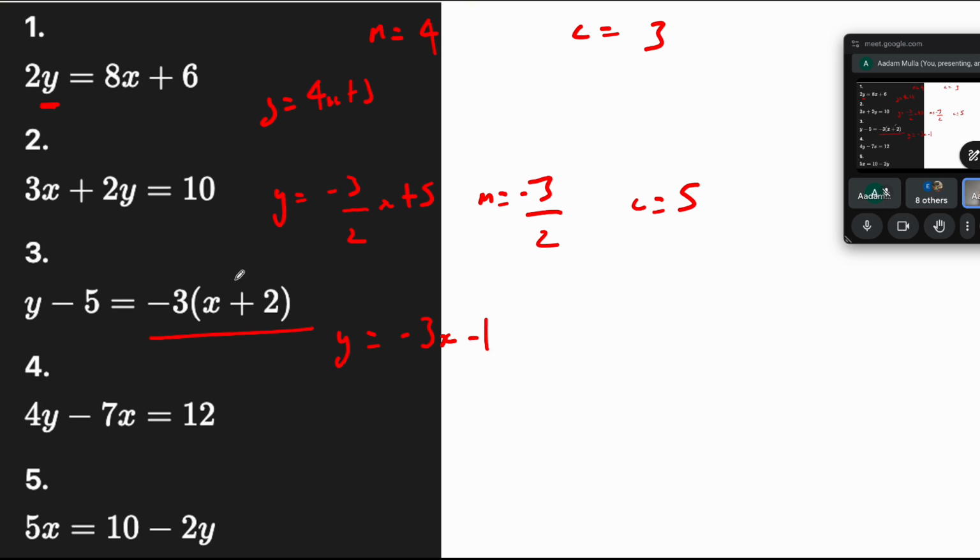This one, I would expand out this bracket and then add 5 on to the right hand side. So m would be negative 3 and c is negative 1.